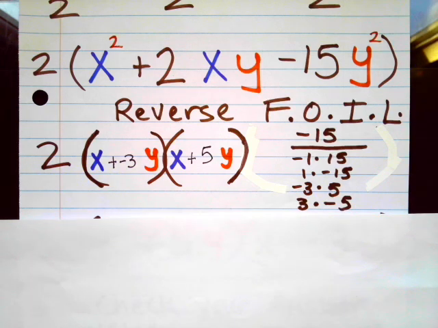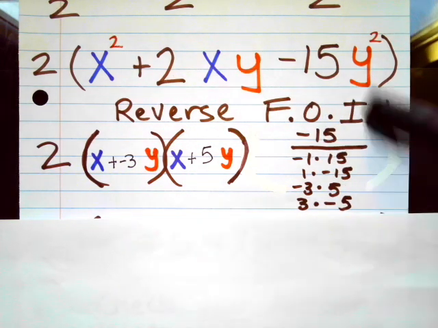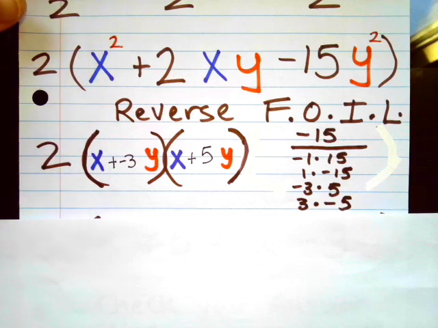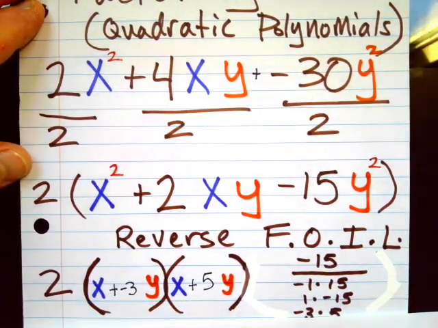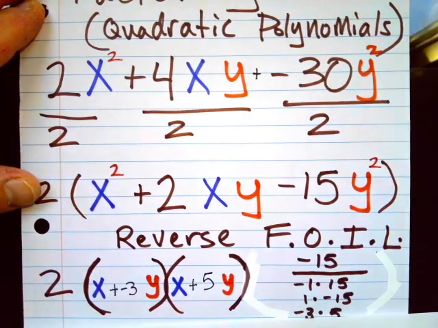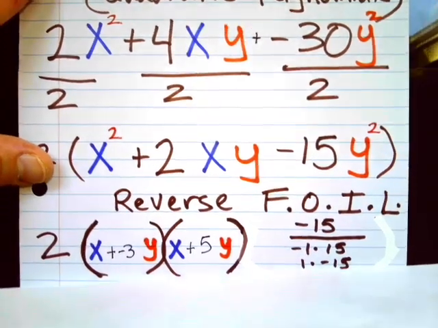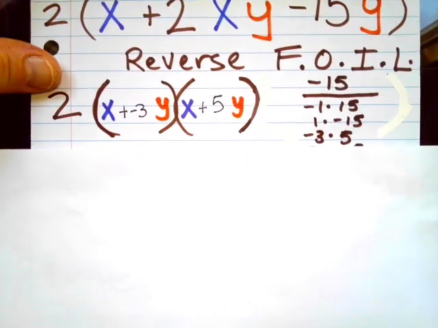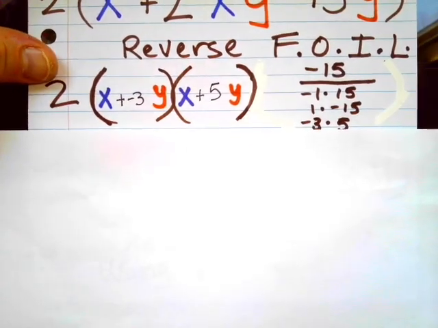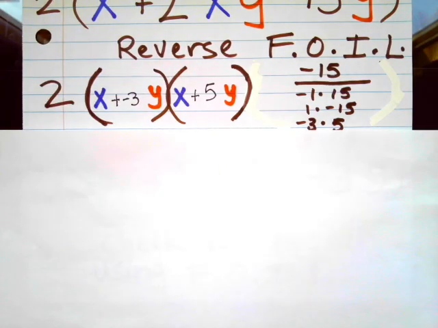And so we have factored this original problem, 2x squared plus 4xy plus negative 30y squared, into 2 times the quantity of x plus a negative 3y times the quantity of x plus a 5y.